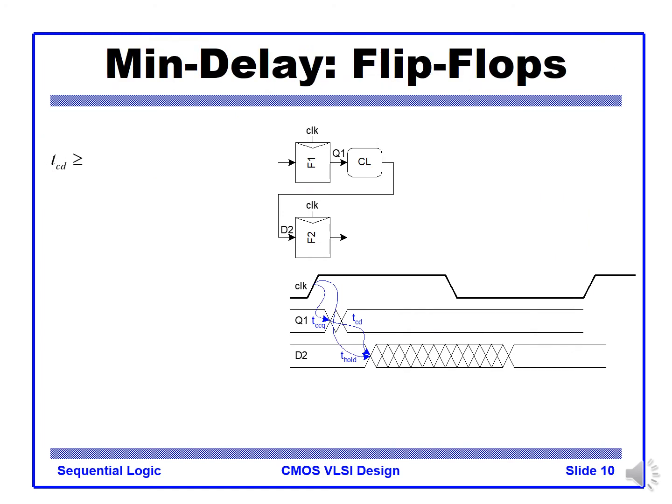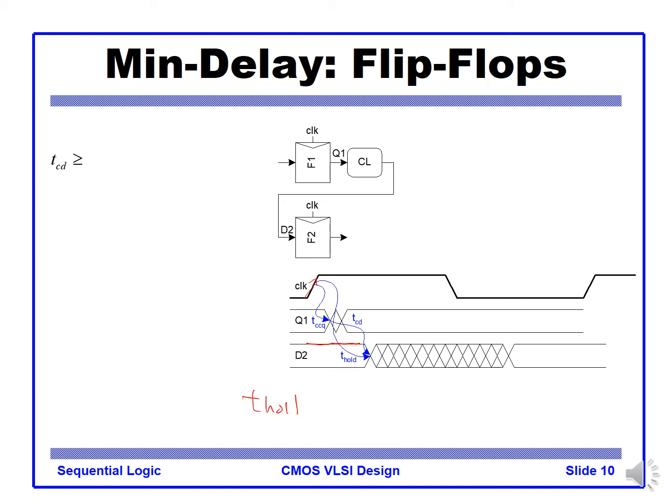Now we also need to check the minimum delay requirement on the flip-flop systems. As I explained before, the input data should stay held even after the rising edge happens. So that is defined by the T hold.